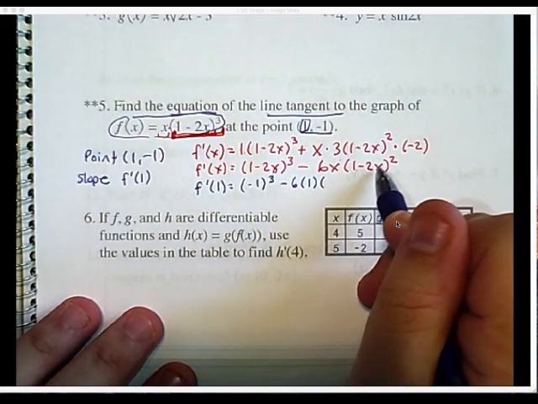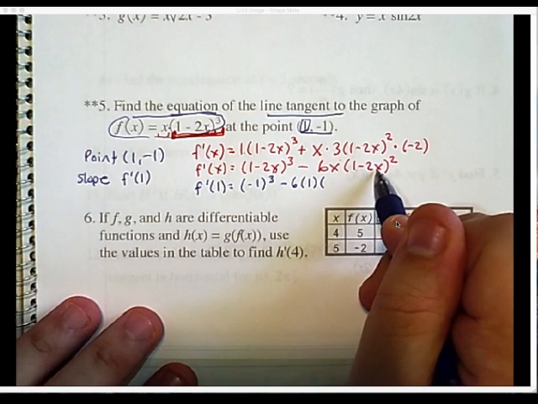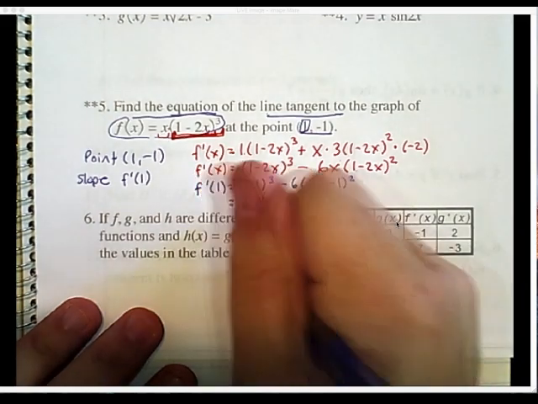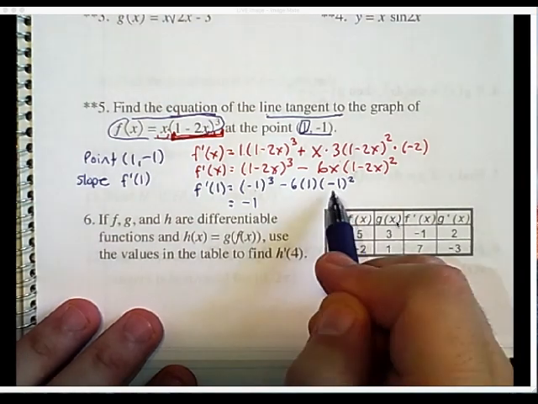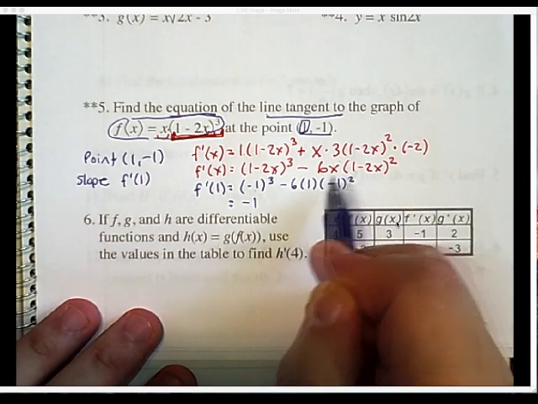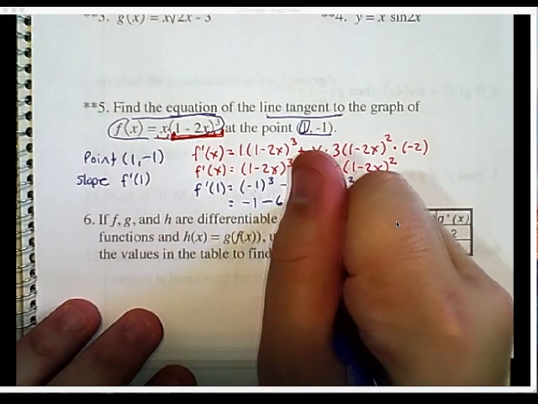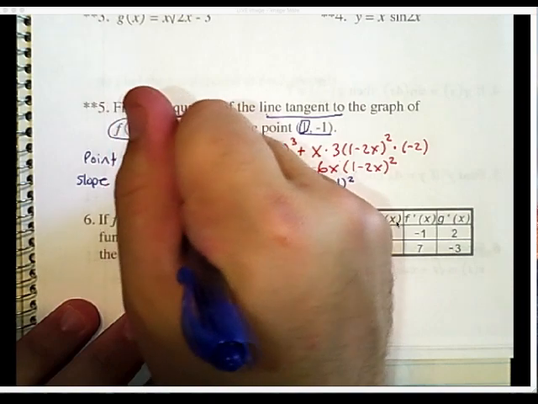When I plug 1 in here again, 1 minus 2 times 1. 2 times 1 is 2. 1 minus 2 is -1 squared. -1 cubed is -1. -1 squared is +1, times another 1 is 1, times 6 is 6. So it's -1 minus 6, which is -7. So the slope is -7.